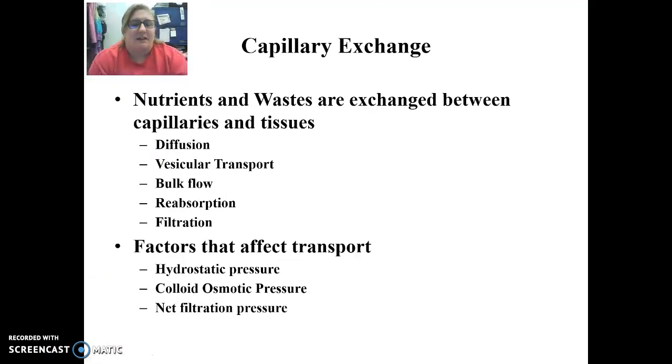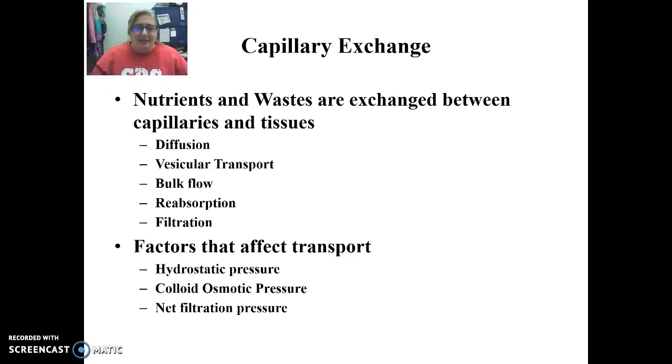So I just said that colloid osmotic pressure is the pull of fluids back into the blood, and the pull of fluid occurs because when fluid leaves the blood, then we have a lot more proteins and other solutes in our blood plasma that can pull excess fluid back into the blood so that we don't lose all of our water, or we don't end up having a lot of pooling of fluids in interstitial regions that would cause edema to occur.